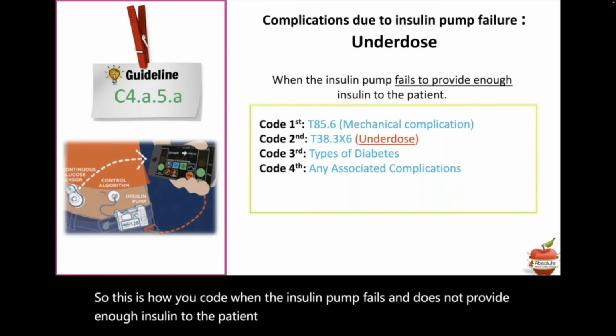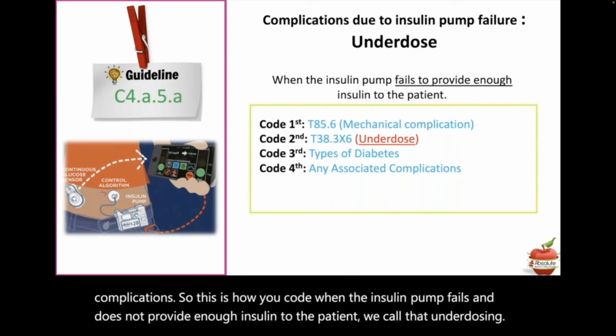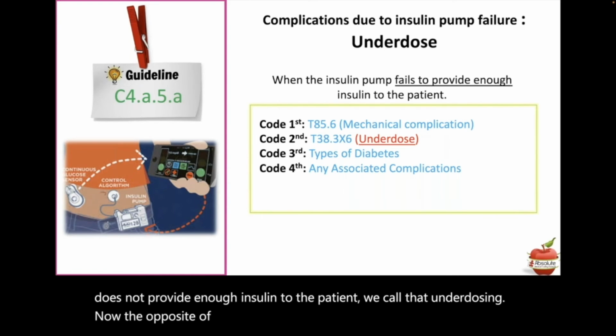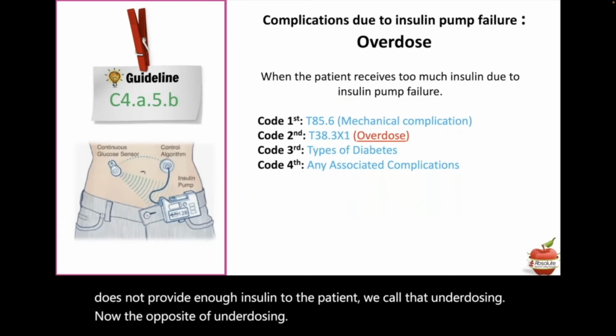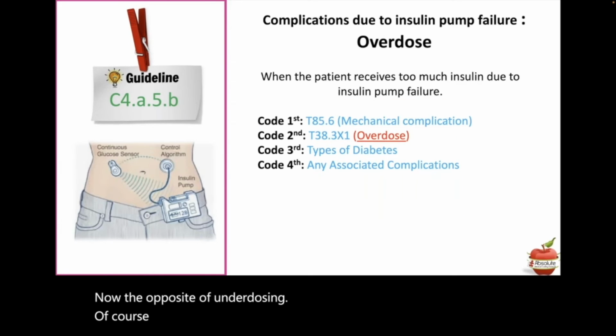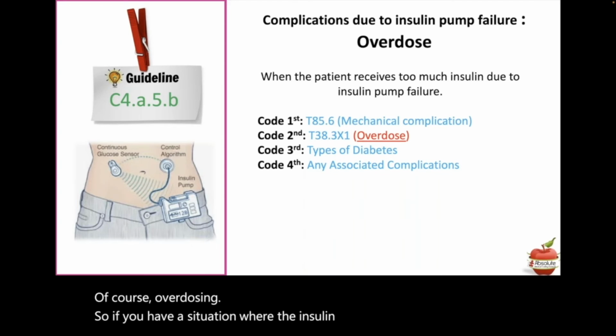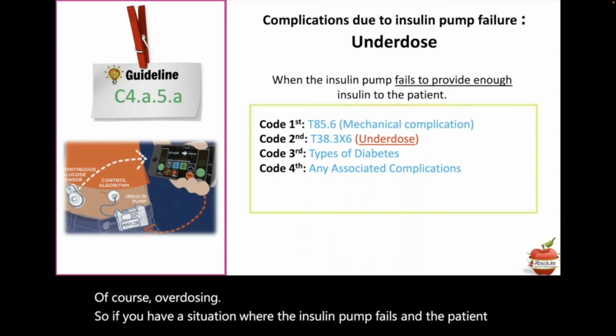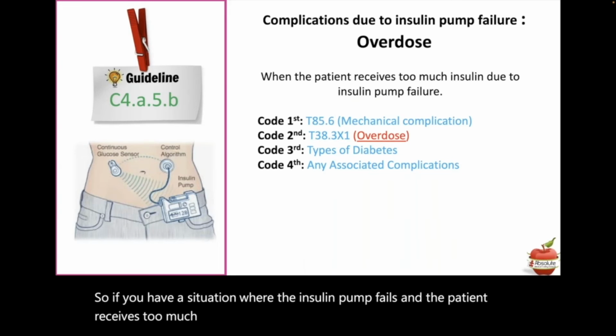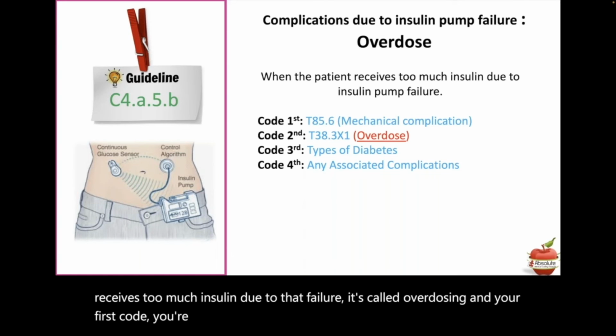We call that underdosing. Now, the opposite of underdosing, of course, is overdosing. So if you have a situation where the insulin pump fails and the patient receives too much insulin due to that failure, it's called overdosing. And your first code, you're going to sequence this way.